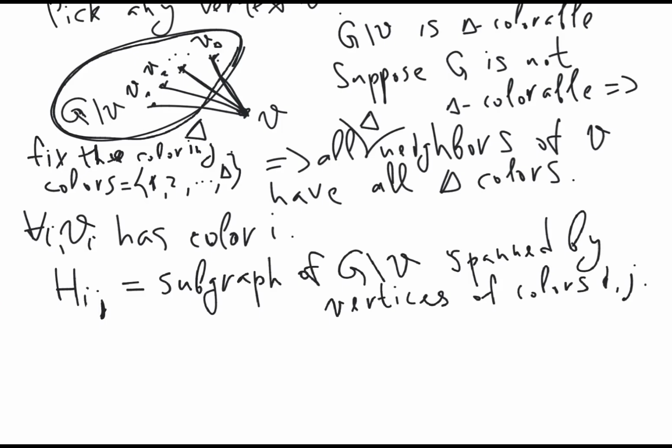Fix the coloring in delta colors. So we proved that G minus V is delta colorable, and we fix the coloring in delta colors. So these definitions of Vi, V1 through V delta, depend on the coloring, and Hij also depends on the coloring.